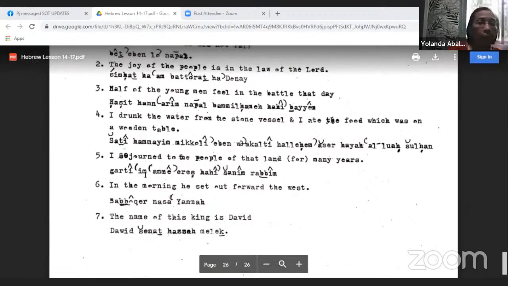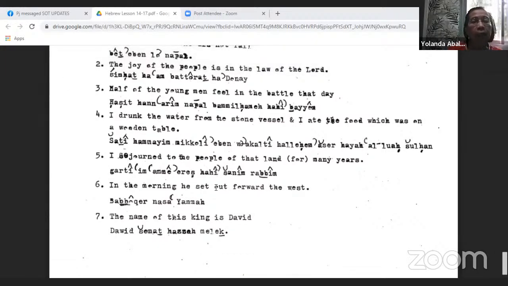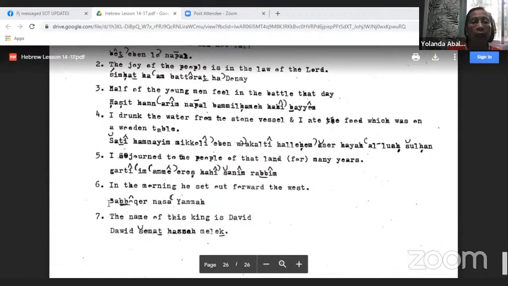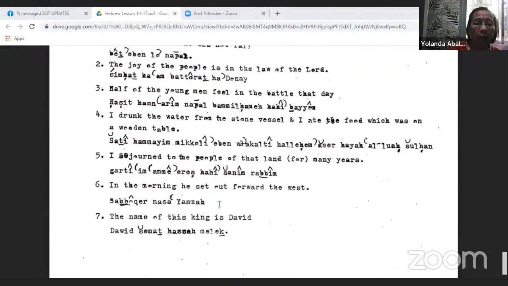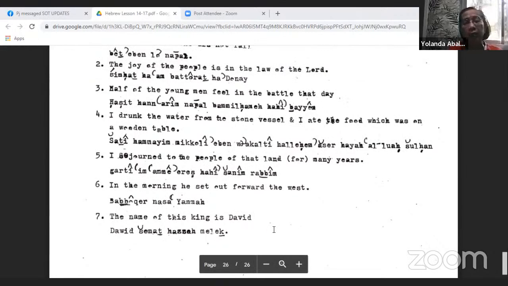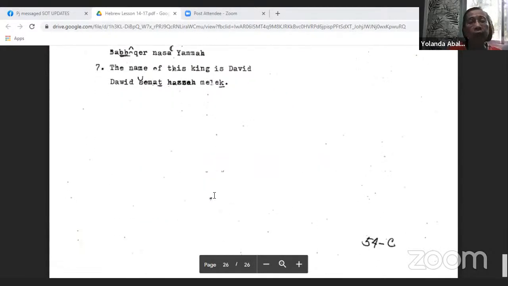Garti ame eretz hahi shanim rabin. In the morning he set out towards the west, or set out forward the west. Baboker nasa Yama. The name of this king is David. David Shemat Hazi Melech. Okay.